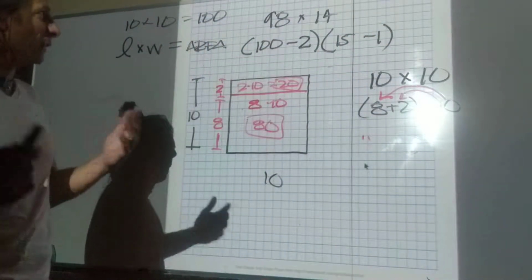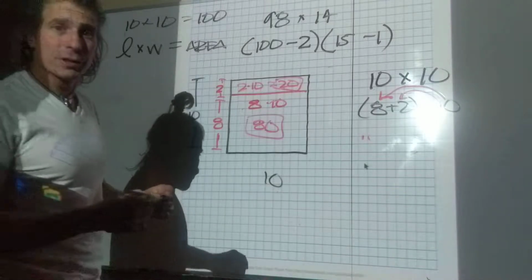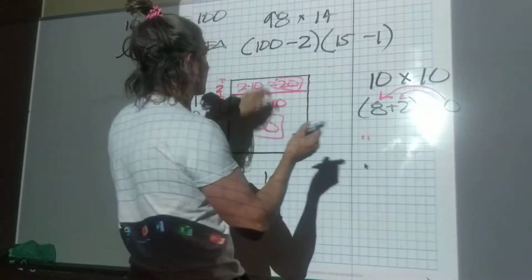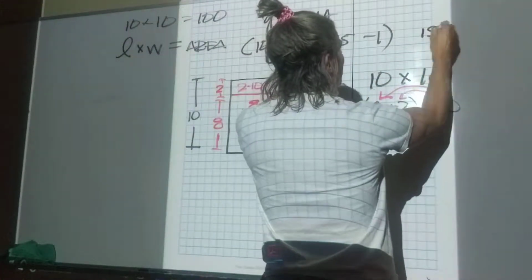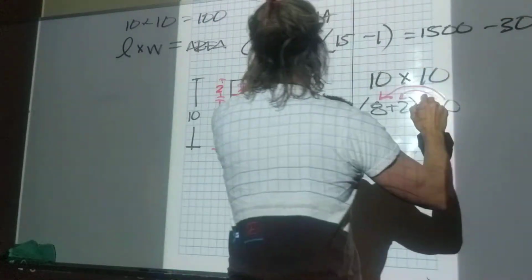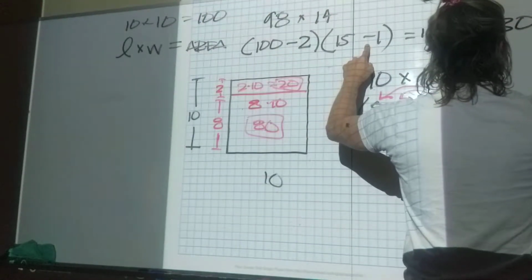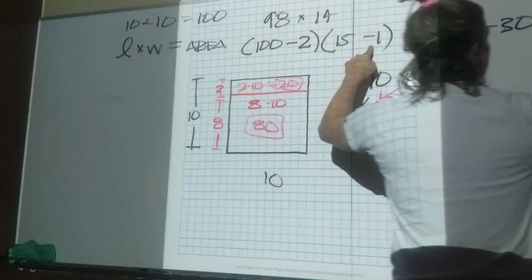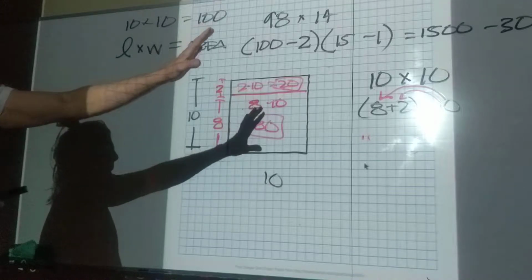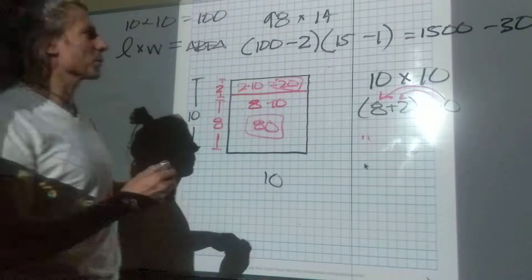And if you're comfortable enough with distribution, you can realize you've got to multiply each one of these times each one of these and then keep track of everything. So 100 times 15 is 1500. Negative 2 times 15 is minus 30. 100 times negative 1 is minus 100. And negative 2 times negative 1 is positive 2. And then you just put all this stuff together and figure out that it's going to be, what's that going to be? 1370 plus 2, 1372.